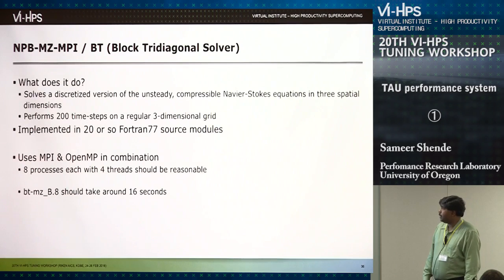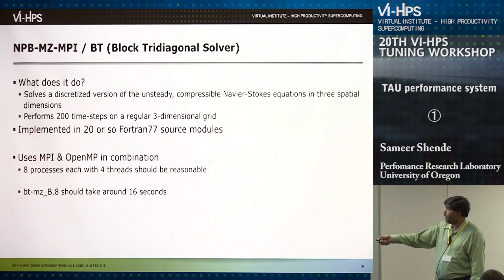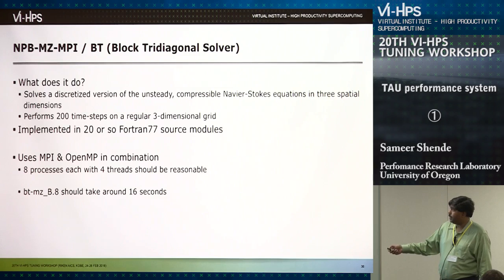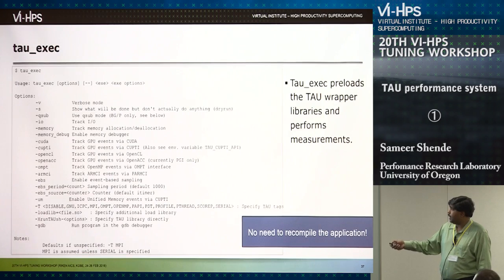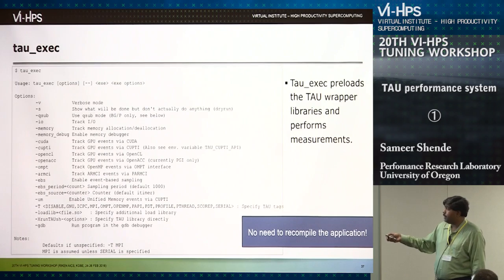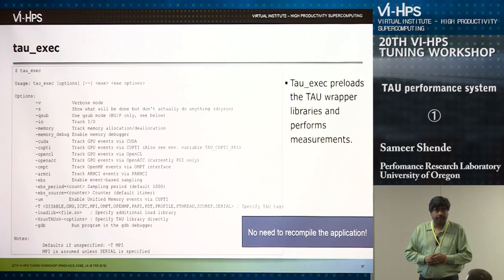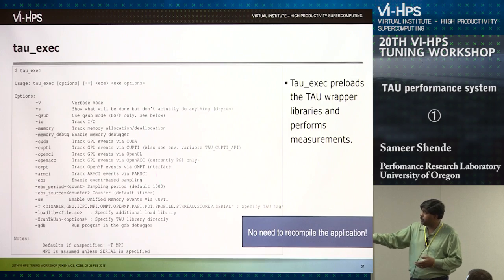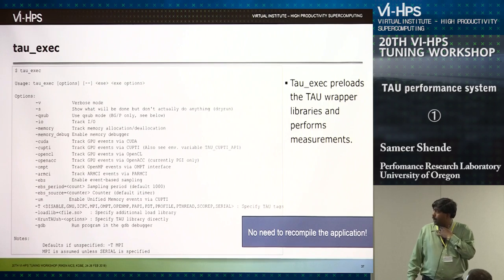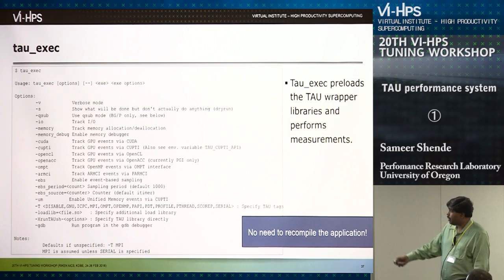Okay, so this is the MPI NAS parallel benchmark with MZ for BT. And this is the tool that I was describing, tau exec. These are some of the options that it can take, whether you're measuring I/O or memory, or in our case, enable event-based sampling.